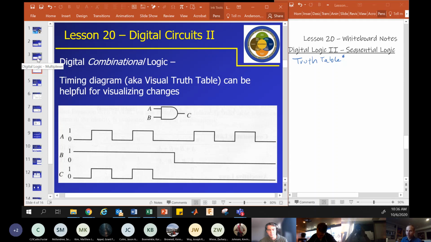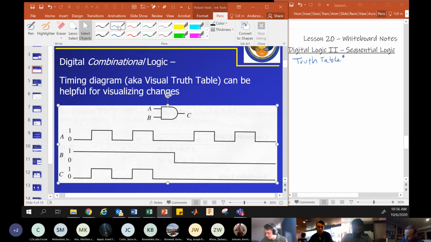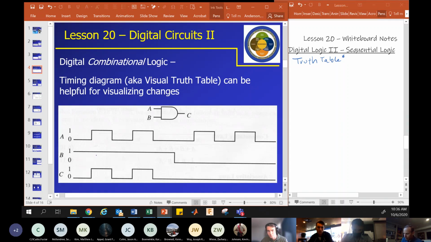There's no sequence that has to happen. There's no timing that goes on. Today we want to add that complexity of timing. And this chart gives an introduction to that by just talking about what would happen as things change with time.